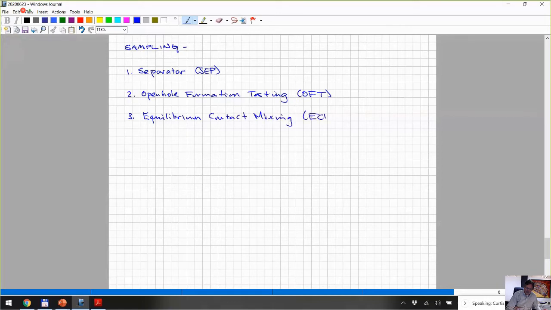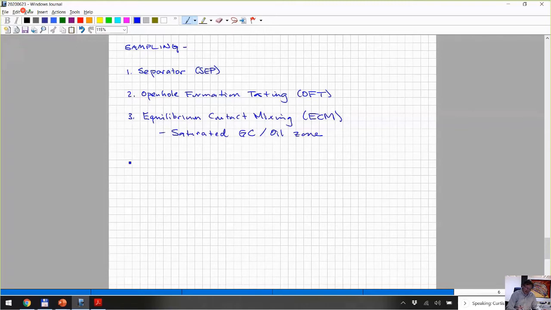That's mainly for saturated gas condensate with an oil zone. These are the three main sampling methods that we have.